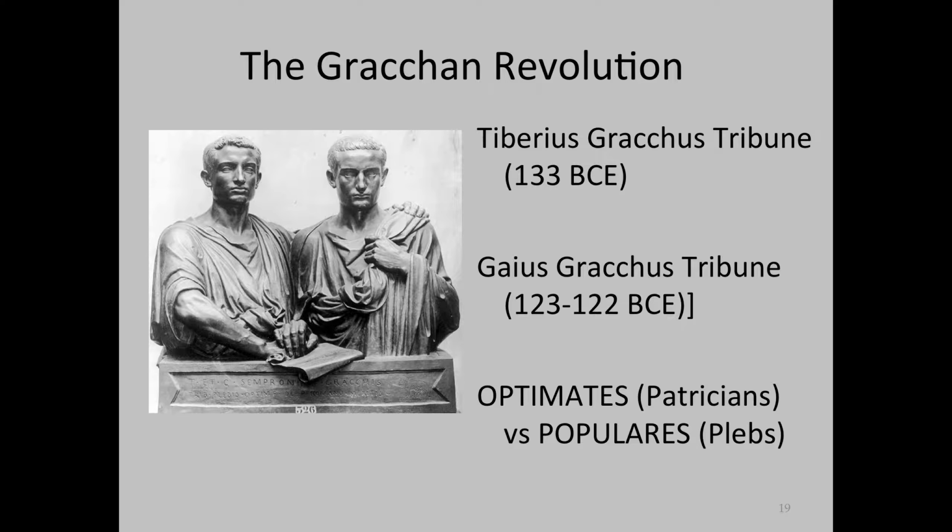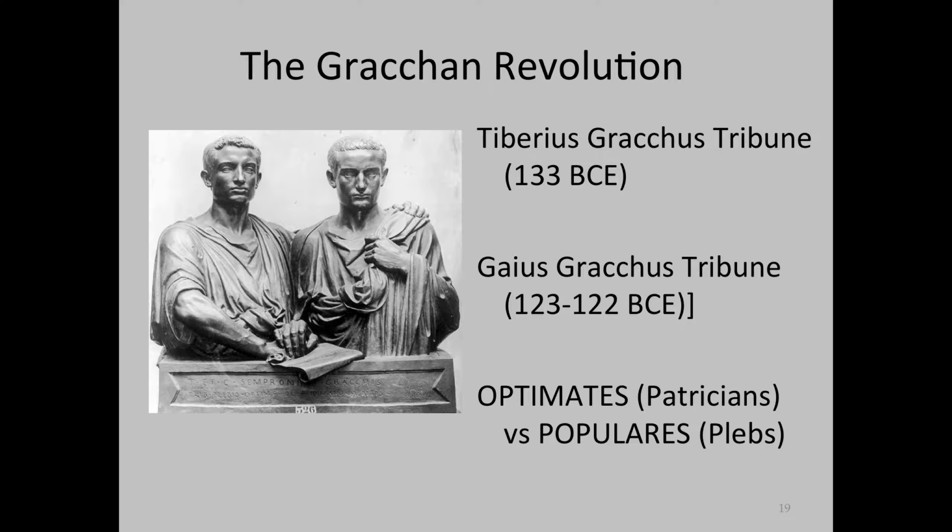Okay, Tiberius believed, rightly so, that Rome's problems were caused by the steady decline of the independent citizen farmer, who was being pushed off the land by the latifundia, by wealthy landowners, which, of course, was making it impossible to meet the numbers for the draft, for the legions. Like we said, the army just didn't have enough recruits.